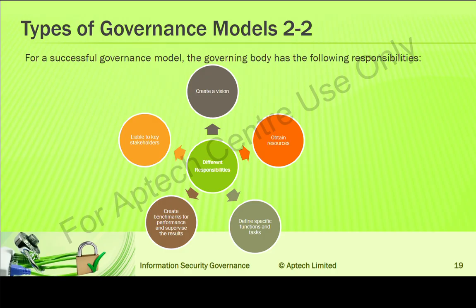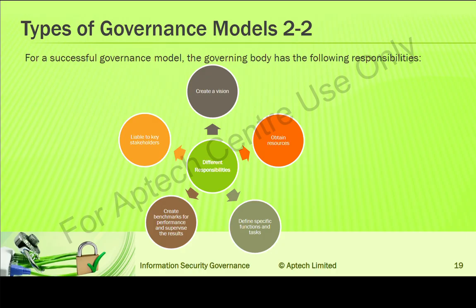The performance of each participant, team member, or executive has to be measured, along with the results they bring out, and they are held liable to key stakeholders. Every key stakeholder has to be carried along. Those are the different responsibilities.